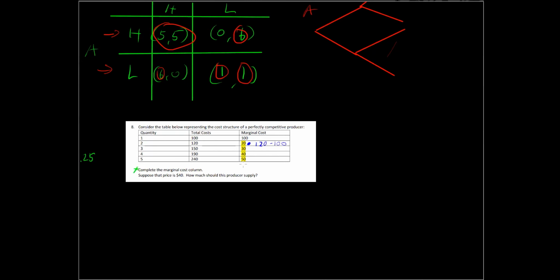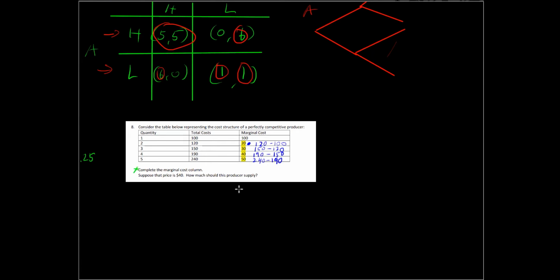And we just do this the rest of the way down. So 150 minus 120. And then 190 minus 150. And finally 240 minus 190. And that leaves us with 50. So that's how we figure marginal costs, right?